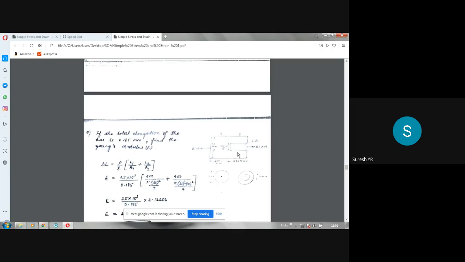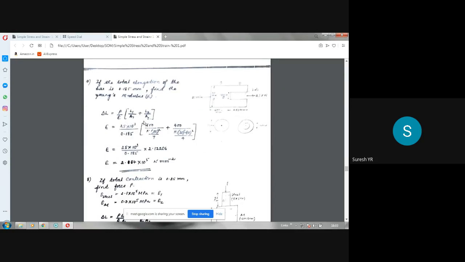Pi by 4 into d1 square minus d2 square, that is outer diameter square minus inner diameter square, is the area for this hollow. So other things remain the same. If they ask you to find stresses and strains in this also, you can just use the same formula: P by A for the stress and sigma by E or delta L by L for the strains. Those formulae will never change.